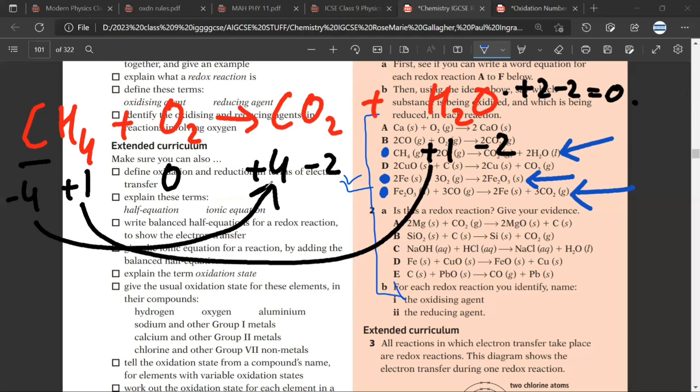So my carbon's oxidation number has increased. That is why my carbon has undergone oxidation. My oxygen has gone from 0 to minus 2. Its oxidation number has decreased. That is why it is going through reduction. Any doubt, Chris? No, sir.